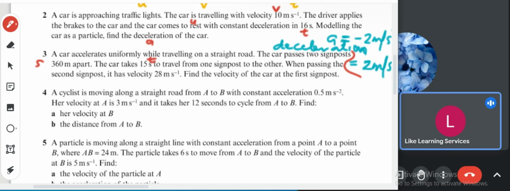It has a velocity of this. Find the velocity of the car at the first signpost. Okay. When passing the second, so this will be the final velocity V. So we need to look for the initial velocity U. Do you think there's a particular equation we can quickly use here?